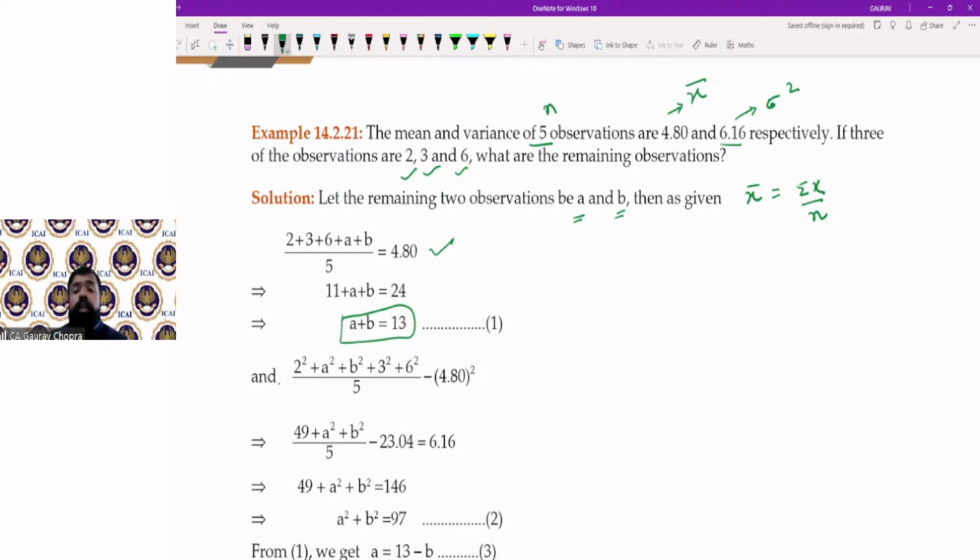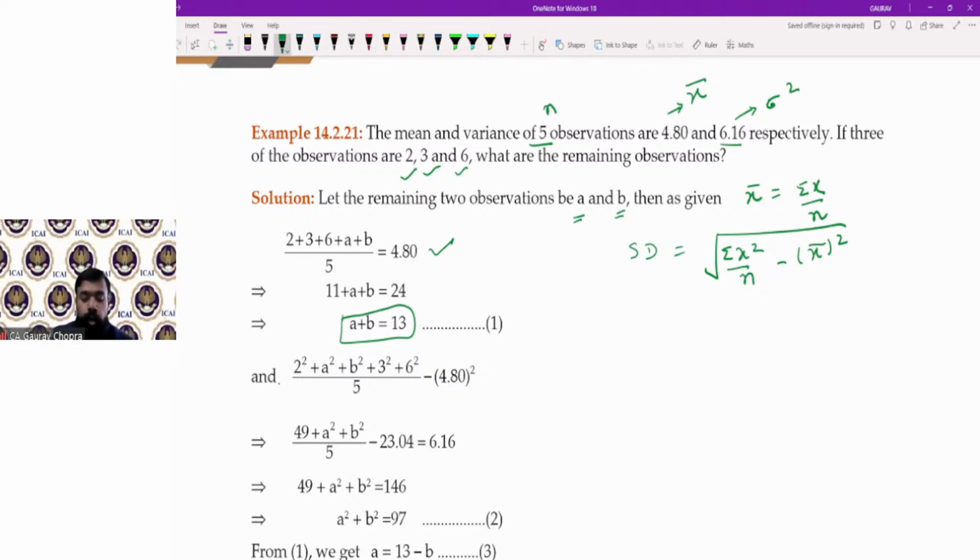Now also we can use the second formula, which is for standard deviation. The formula is again the same, root of sigma x square upon n minus x bar whole square, and to make it variance we have to square both the sides.